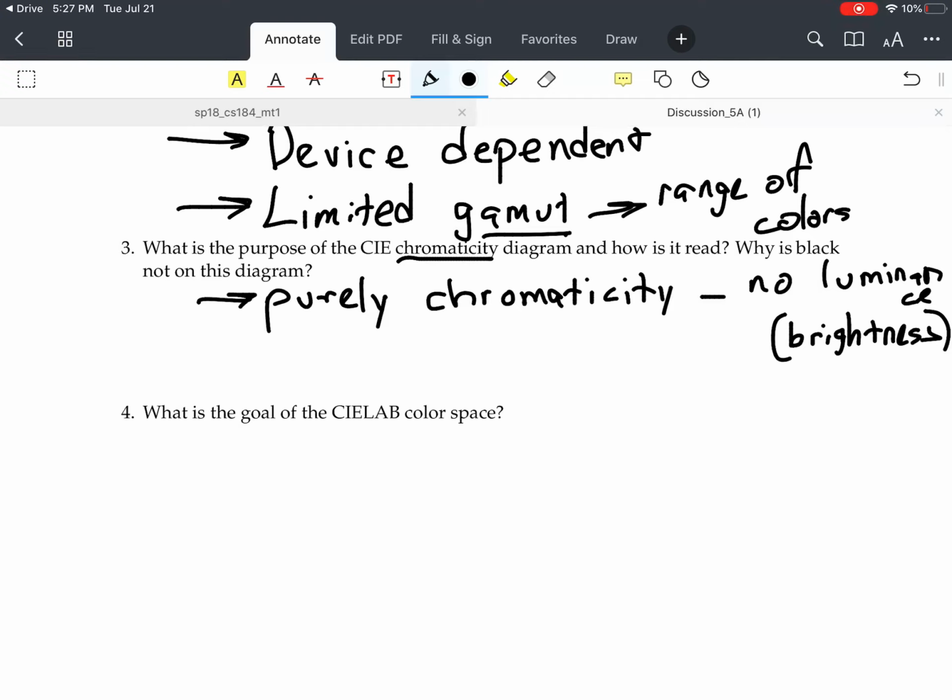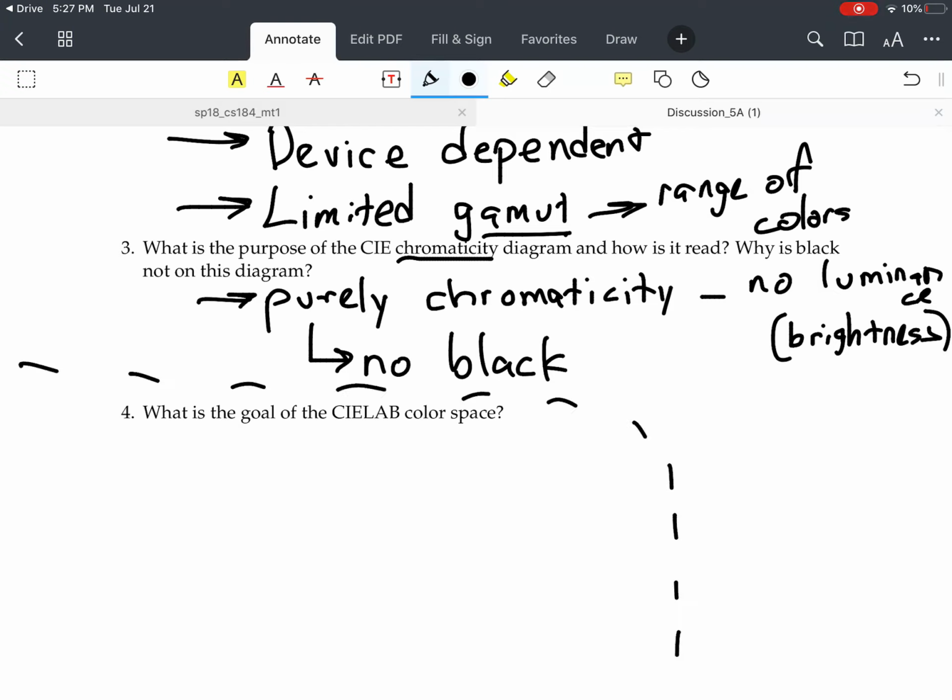That's the main purpose of this CIE diagram. There's no luminance involved, whereas a lot of other color diagrams will have that. Because there's no concept of luminance or brightness, that's why there's no black.